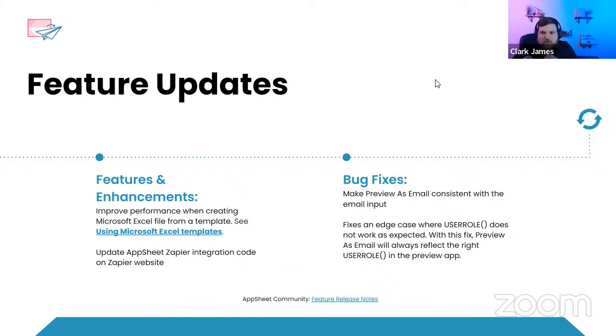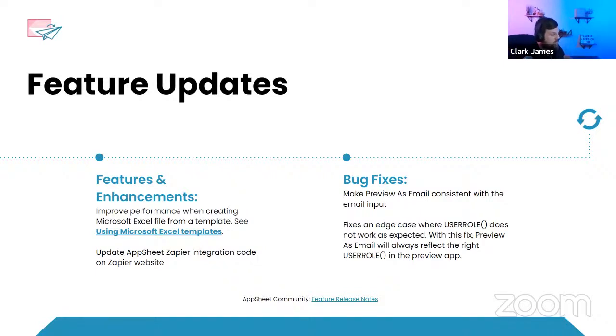So on these feature updates, these are released to the AppSheet community sometimes daily. I did see that there was a new set of updates yesterday. So they're coming out with more things. They're trying to fix all those bugs that we may or may not be seeing in the background. So thank you, AppSheet, for that.